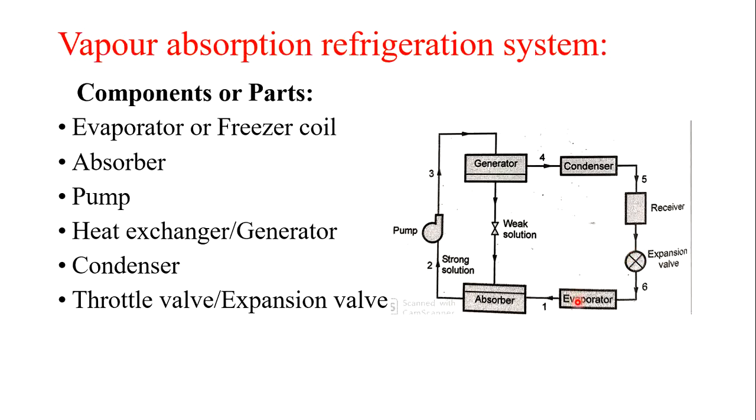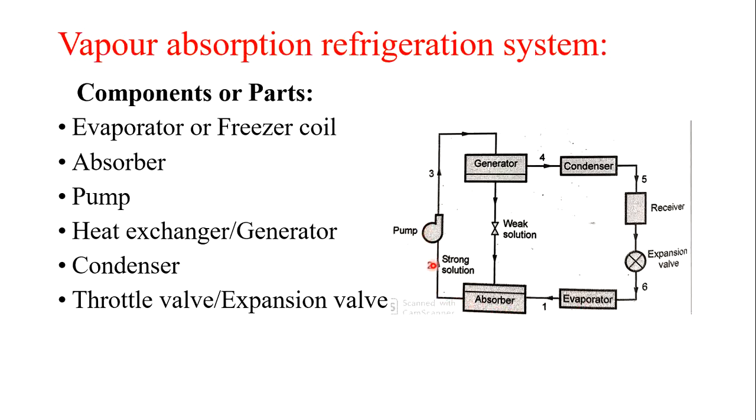Evaporator is the main part of the system. It consists of a number of coils. One end of the coil is connected to the expansion valve, the other end is connected to the absorber. Since it produces cooling effect, we call it the freezer coil.